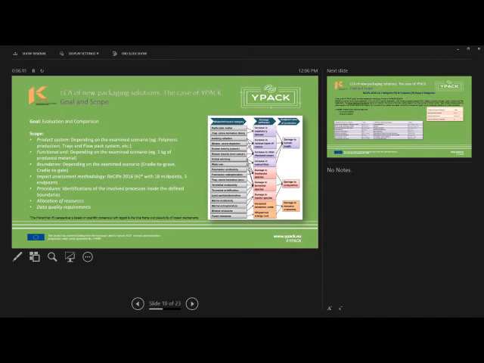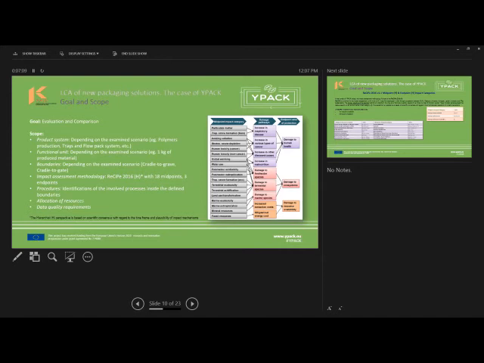Regarding the scope, we define the product system, define the functional unit and the boundaries for each examined system. And we choose the most appropriate impact assessment methodology. This was ReCiPe 2016, the H perspective. And then, of course, we include all the necessary procedures, and we take into account all the allocation of resources.